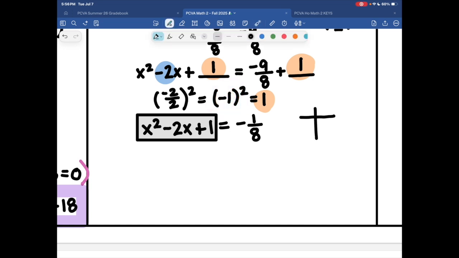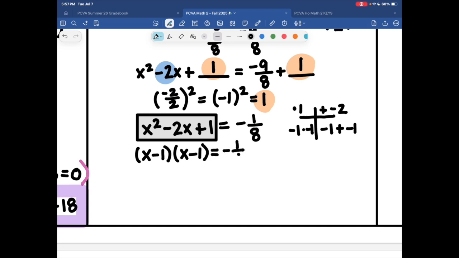So we need a positive 1 that's being multiplied, but then adds to give me negative 2, which is in fact negative 1 times negative 1. So this is going to be x minus 1 times x minus 1, and that equals negative 1 over 8, which is then combined together to be x minus 1 squared equals negative 1 over 8.